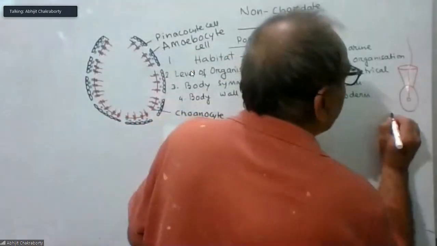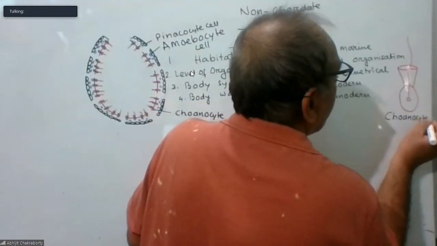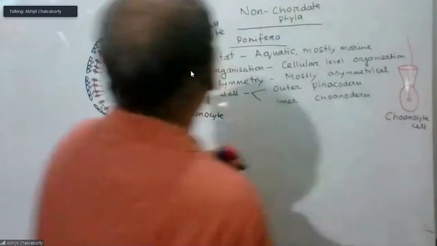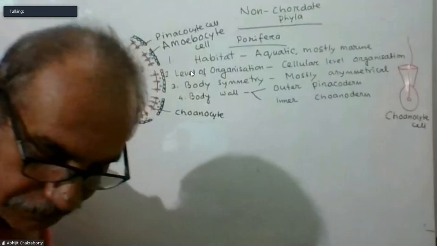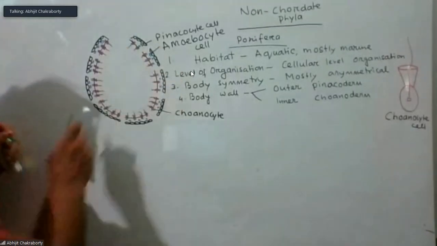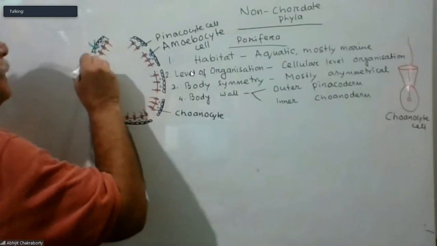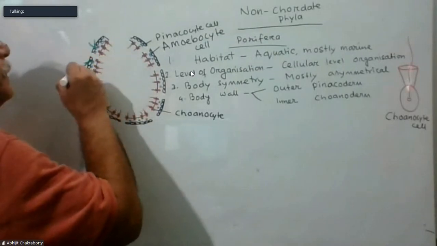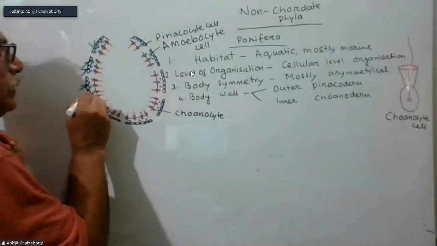And this is the monocyte cell. Beside this, on the wall you will get some structures. These are the spicules.